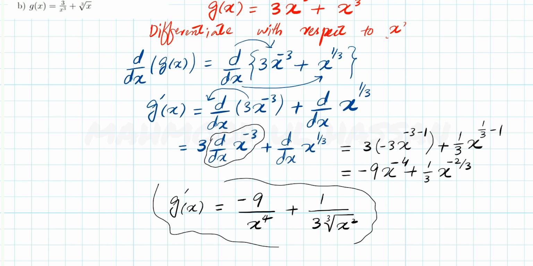Okay, now move to the next question. At a time t greater than or equal to 0, the speed of an object along a horizontal axis is given by the velocity equation v of t equal t squared minus 4t plus 4.